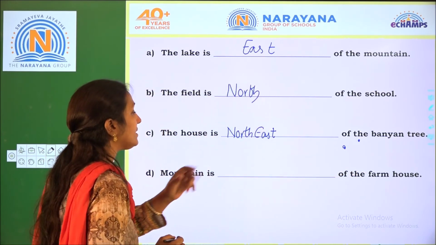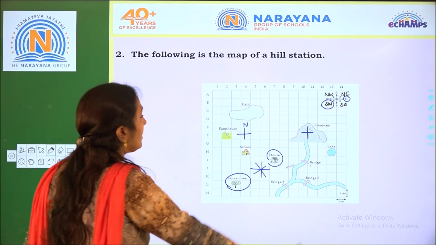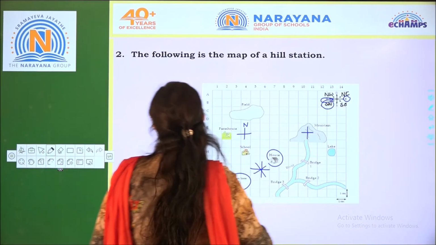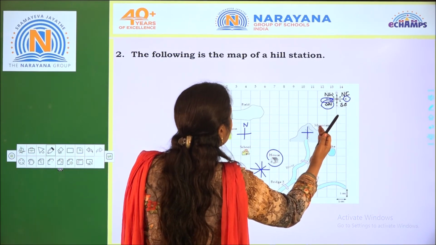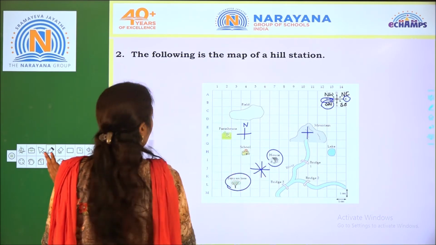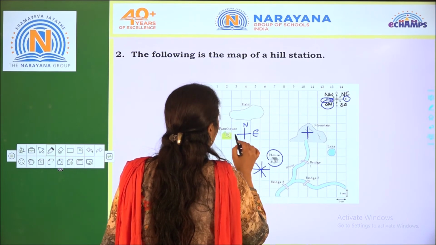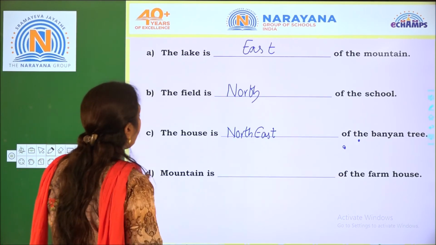Next, mountain is dash of the farmhouse. Where is the mountain? Here. Where is the farmhouse? Here. So exactly west side. Mountain is here and farmhouse is here. So what we have to find here?